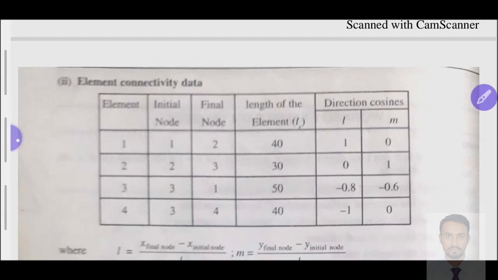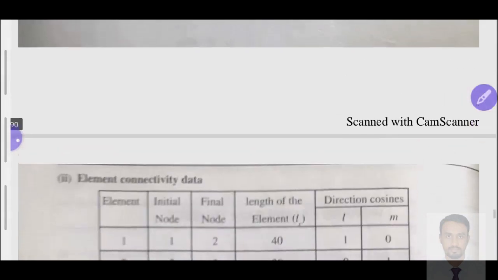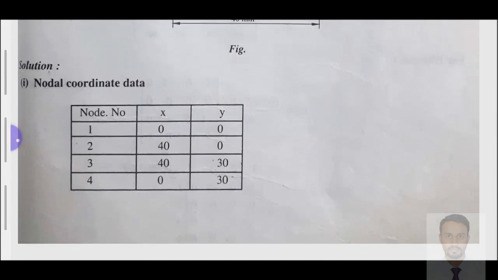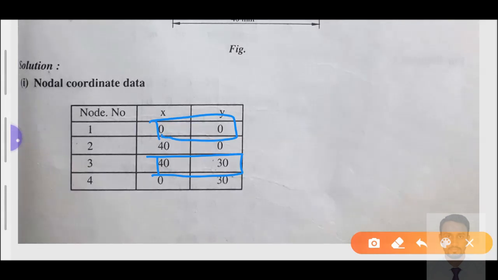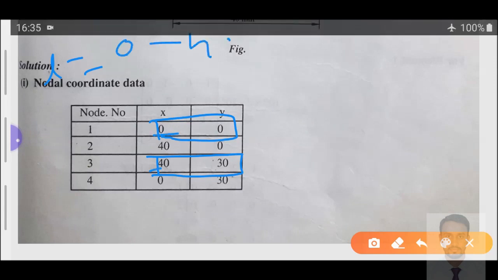0 and 1 we have tabulated. And then element 3 will start from node 3 and end at node number 1. These are the initial values for element number 3, and this one is the final values, to find the direction cosine. We have to find L for element number 3. L is equal to the final value 0 minus the initial value 40.